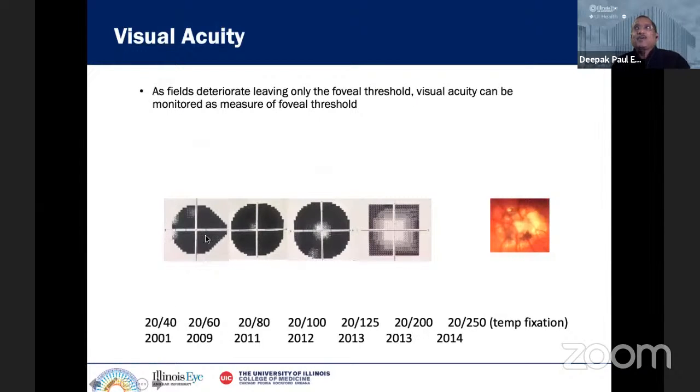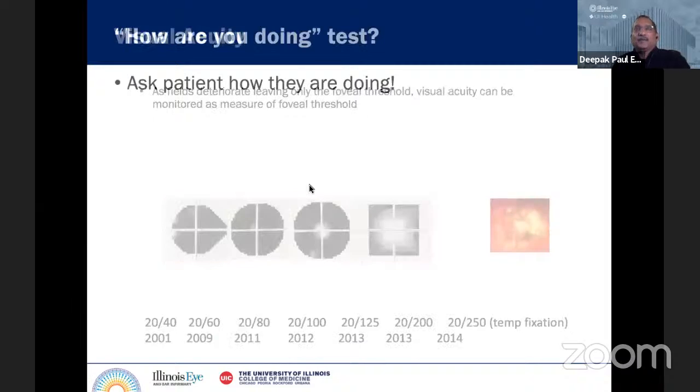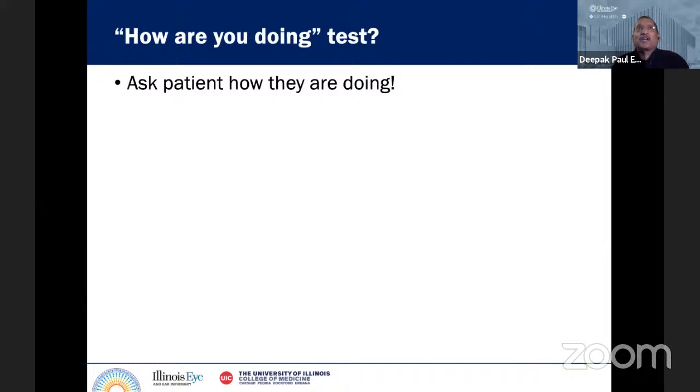So if you look carefully at visual acuity charts and talk to the patient, you will see how things may or may not get worse under your watch. So pay attention to visual acuity, even small changes in your office. I like to call it the how-are-you-doing test. Ask the patient how they're doing. Is their vision getting worse? What's happening with the quality of their vision? Often that'll give you a clue as to what's happening.